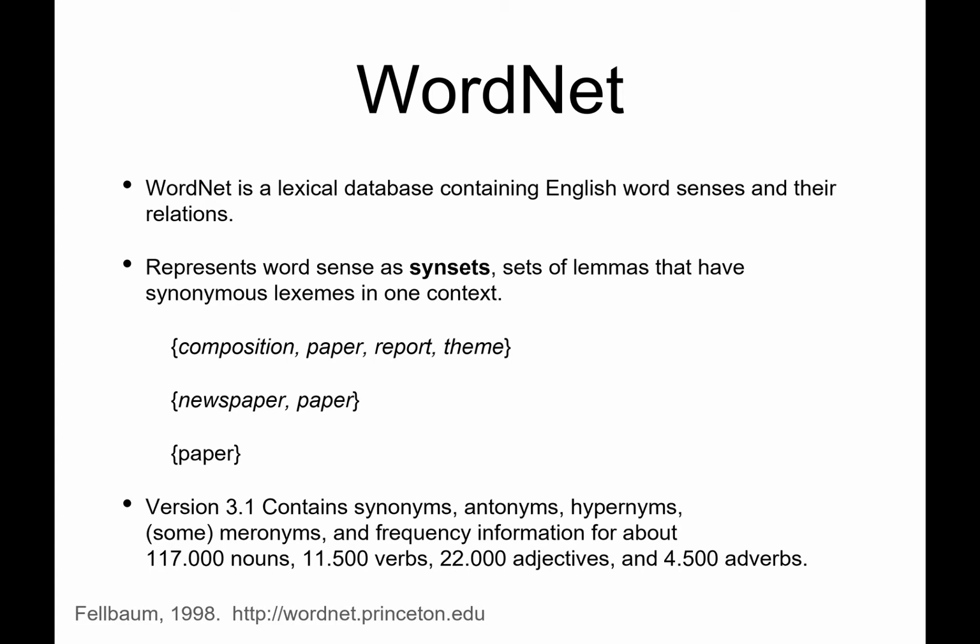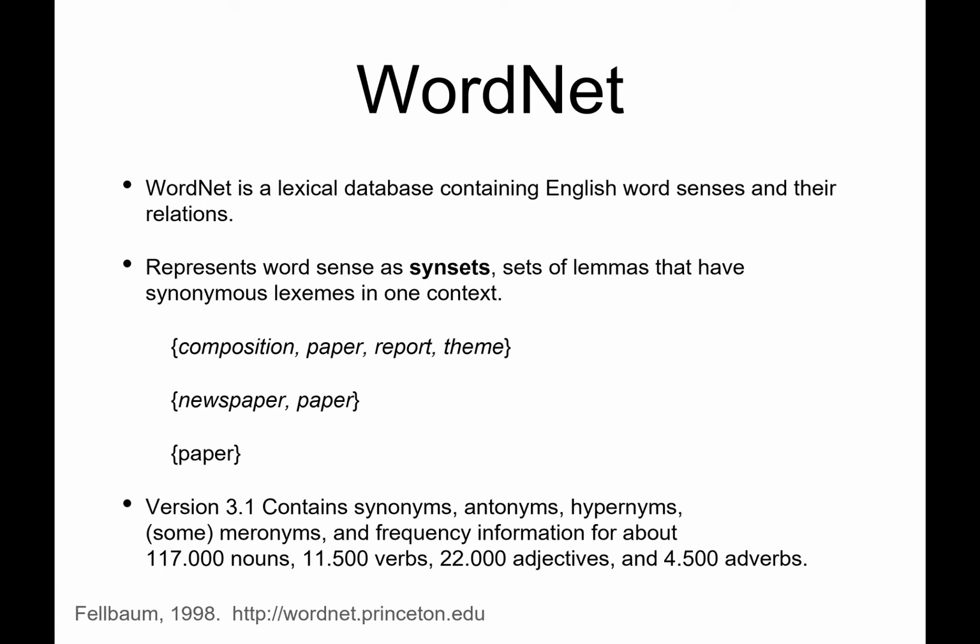So WordNet is a lexical database containing English word senses and their relations. We'll see more exactly what that means. The most important thing is that the word senses are organized as synsets. So each synset is a word sense, and these are sets of lemmas that have synonymous lexemes in one context.